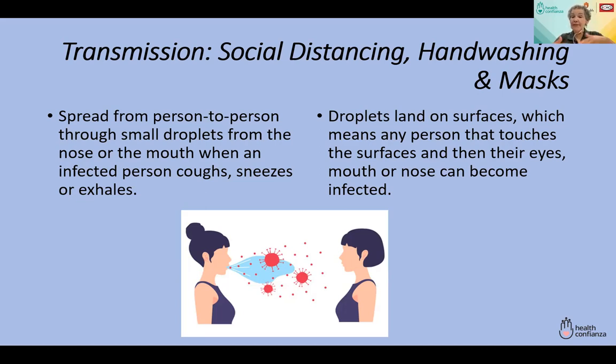And we also know droplets that land on surfaces may mean that a person can pick it up from that surface. They put their fingers to their eyes, nose, or mouth, and it's transmitted to them. So again, that's the reason for social distancing and also hand washing. If you have touched a surface that may have it on it, you wash your hands. So these mitigation strategies, social distancing, hand washing, and masks, all evolved because of how we know COVID-19 is transmitted. Next slide.